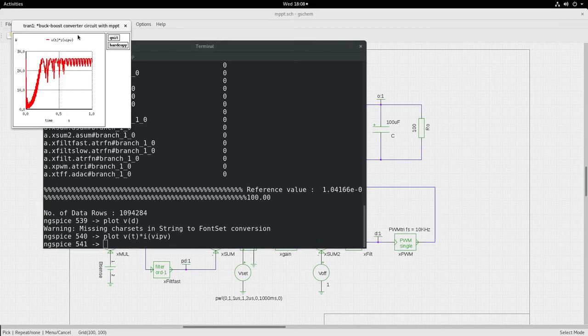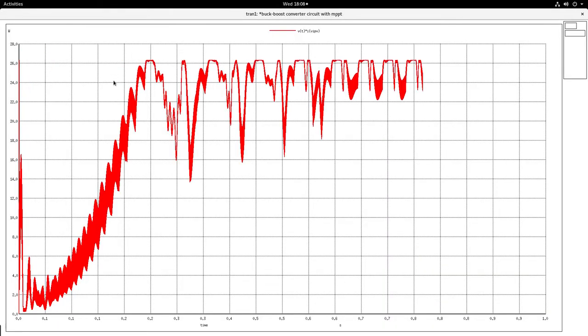You see here again that the power gradually hovers and then finally settles at around the 26 watt value, which is the peak power point of the PV source. So you see that the maximum power point tracking is happening by this algorithm, by this hill climbing algorithm.